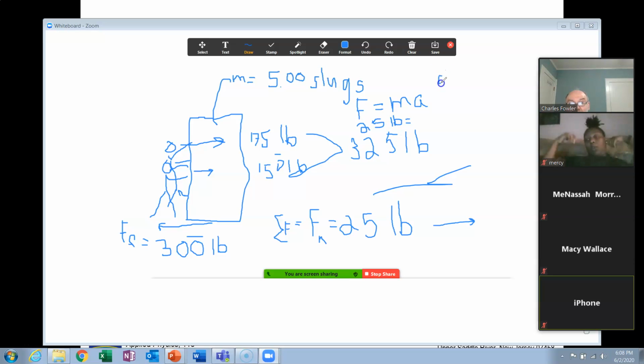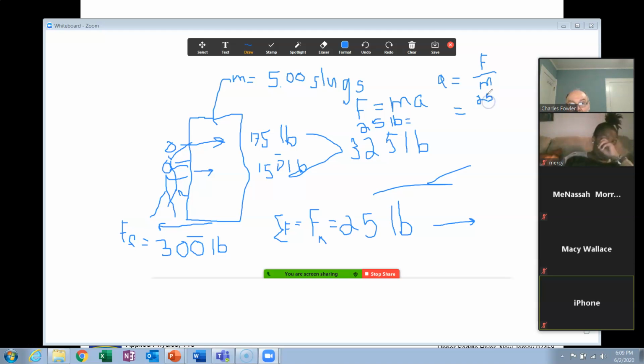You divide both sides of the equation by mass, and you get acceleration is equal to force divided by mass. And that would be, the force is 25 pounds.